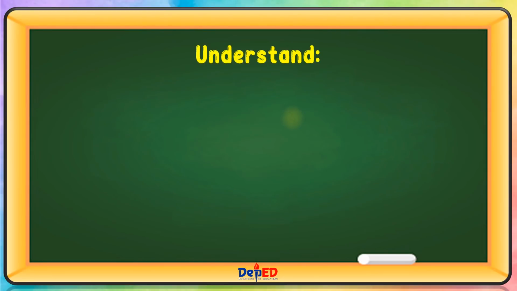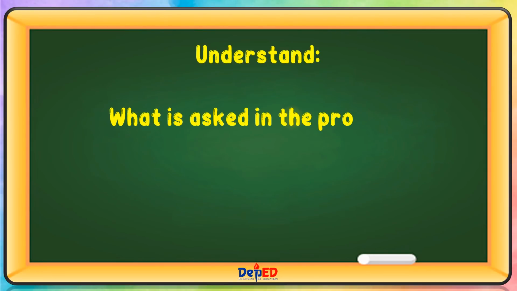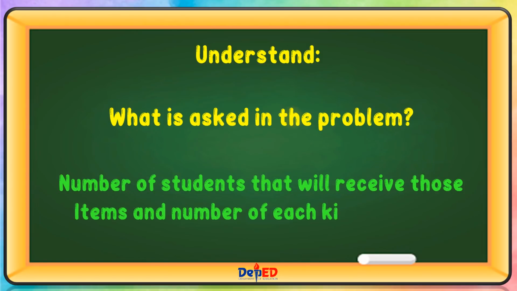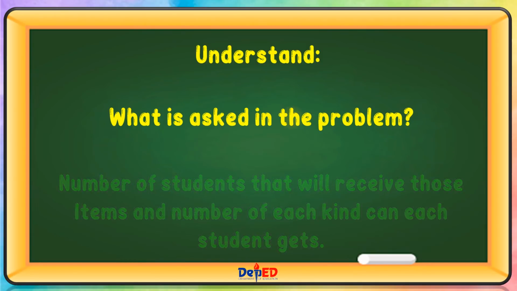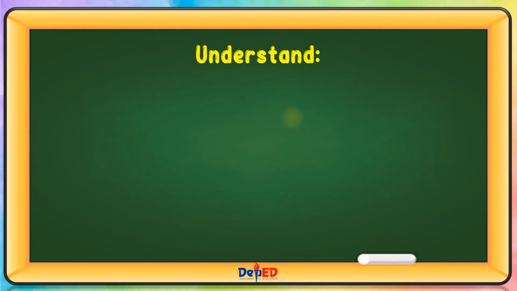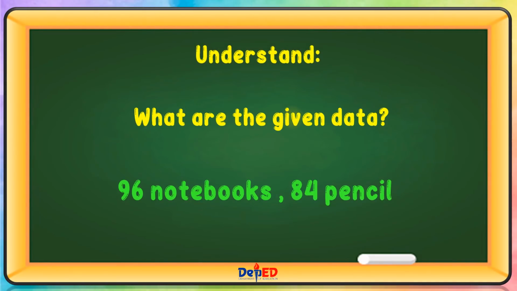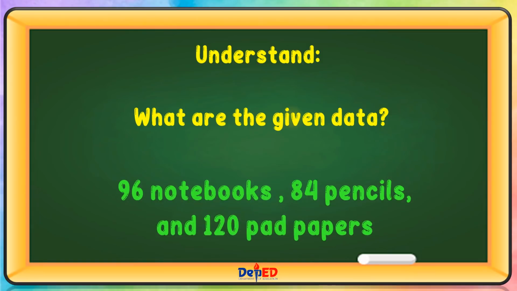Understand what is asked in the problem. Number of students that will receive those items and number of each kind each student gets. What are the given data? 96 notebooks, 84 pencils, and 120 pad papers.